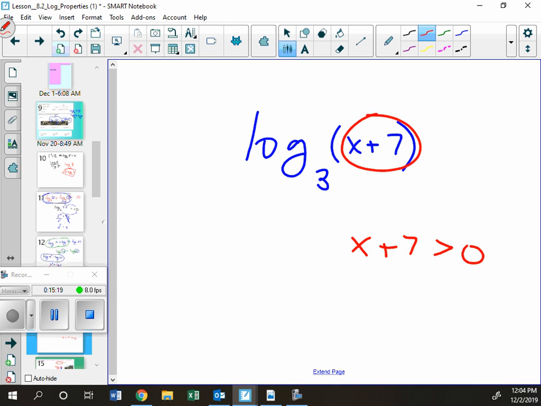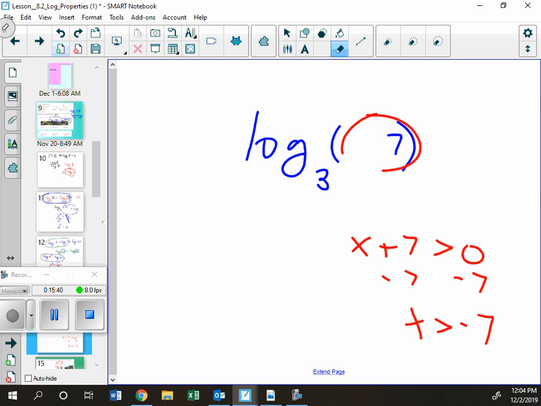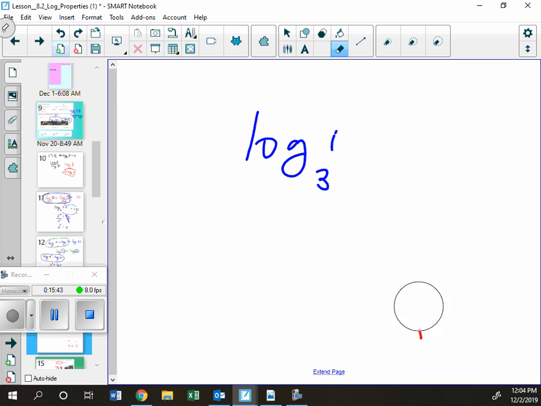Try that one. I've been talking a lot. Need you to do some problems. So when is that bigger than 0? When x is bigger than negative 7. Okay. What if I put something a little more complicated in there?